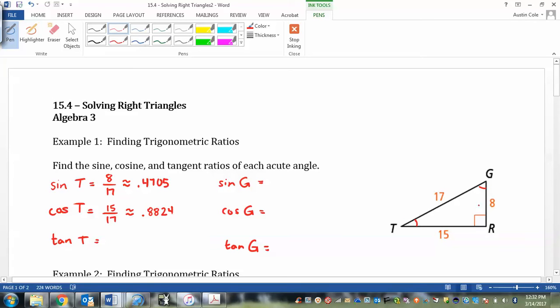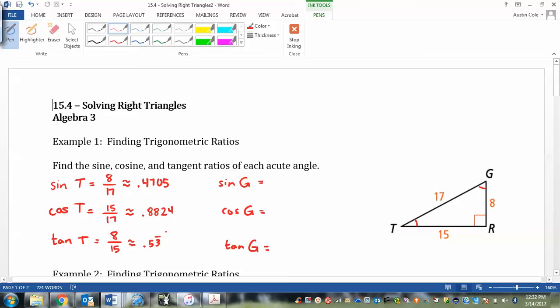And tangent of T is going to be the opposite over the adjacent, which is going to be 8 over 15. What's 8 over 15? 0.53 repeating. So I'll just call that 0.53. Is the 3 repeating or the 5 repeating? The 3.